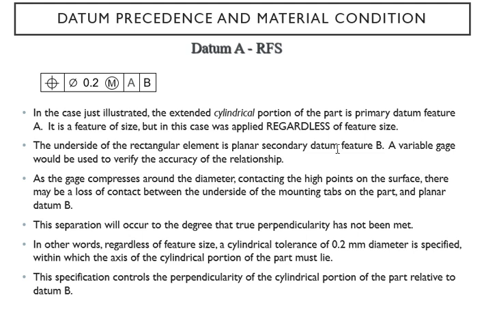And of course, that's your RFS. Datum A is an RFS. Why? Because it is a feature of size, okay? Feature of size means that's in the word, the feature. Of course, you're dealing with the size of it because it is a cylindrical portion of that part.